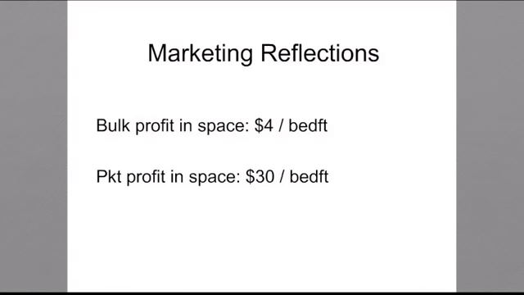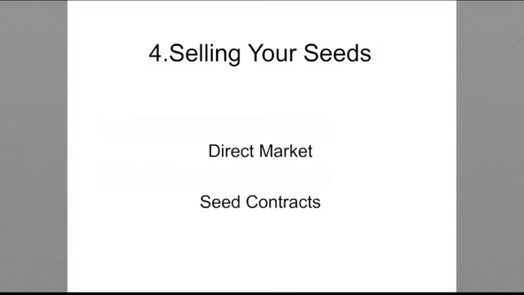So the last part I'll just address is selling your seed. If you direct market your seed, that would be in packets. And an easy way in Canada to just jump into that is through Seedy Saturdays and Seedy Sundays.